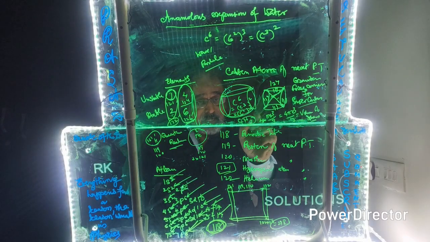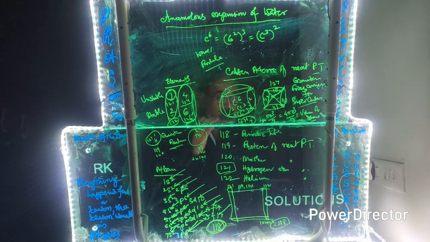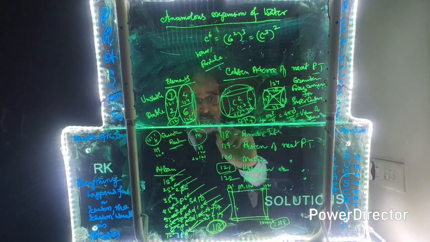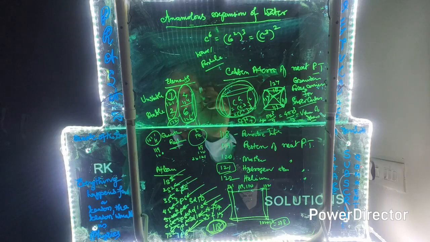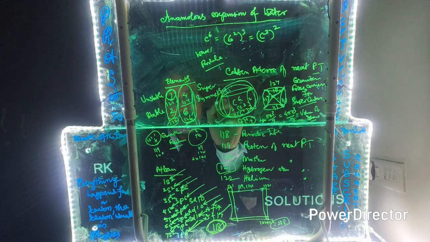These 4 hydrogen atoms supply energy to carbon, form bonds with the carbon atom, and they form a very stable structure. This is basically the supersymmetry. Why only carbon, not others?